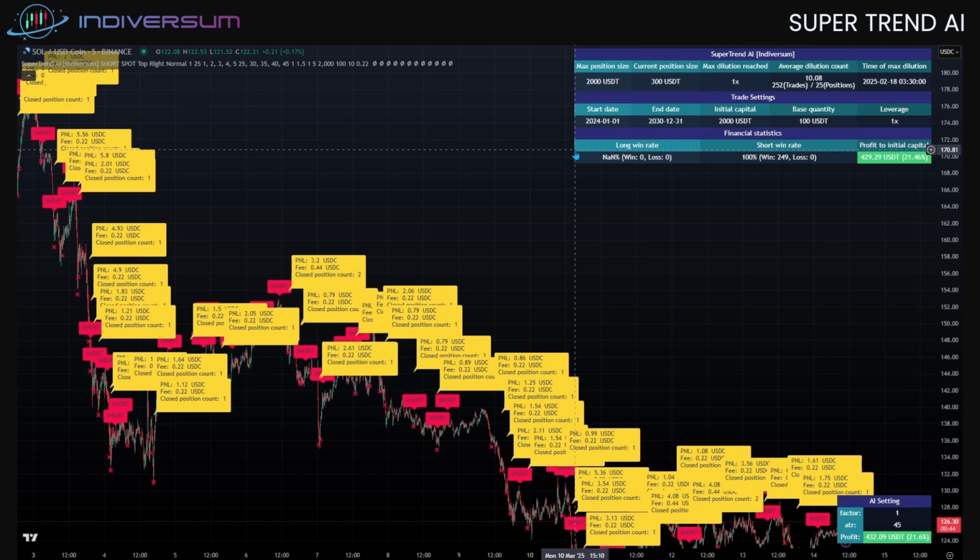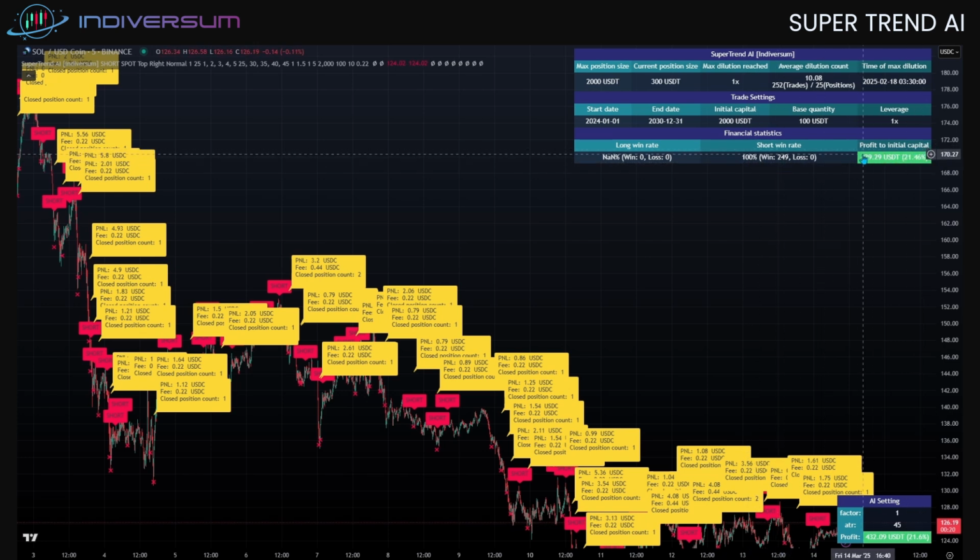Finally, let's review the performance statistics. Long win rate. This tells us the percentage of successful long trades. Since no long trades were taken, it displays 9%. Short win rate. This tells us the percentage of successful short trades. In this case, the strategy has a 100% win rate, meaning every short trade was profitable.